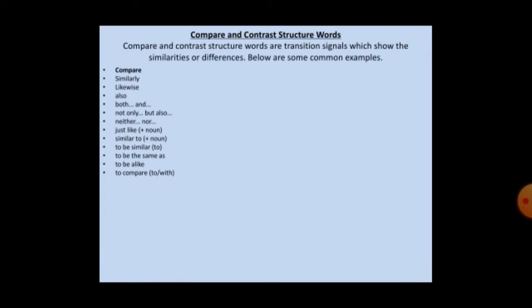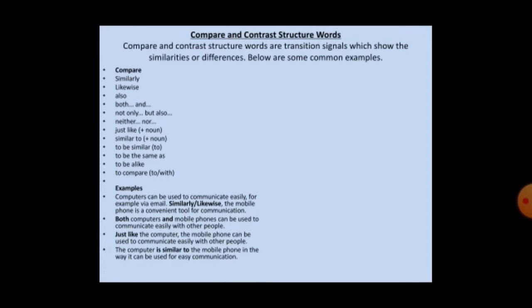So here you see some compare and contrast structure words, which can be transitional signals that show the similarities or differences. Here you see some compare words like similarly, likewise, also, both, and, not only, but also. These are all words used to show similarities or comparison.